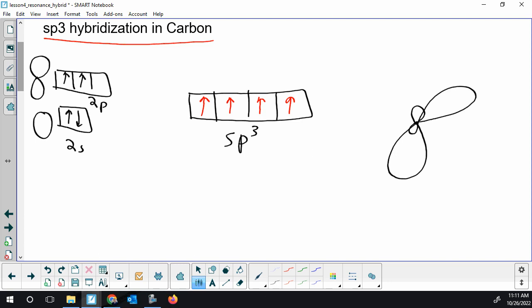There's the second. I made that one a little bigger than I wanted. There's the third.